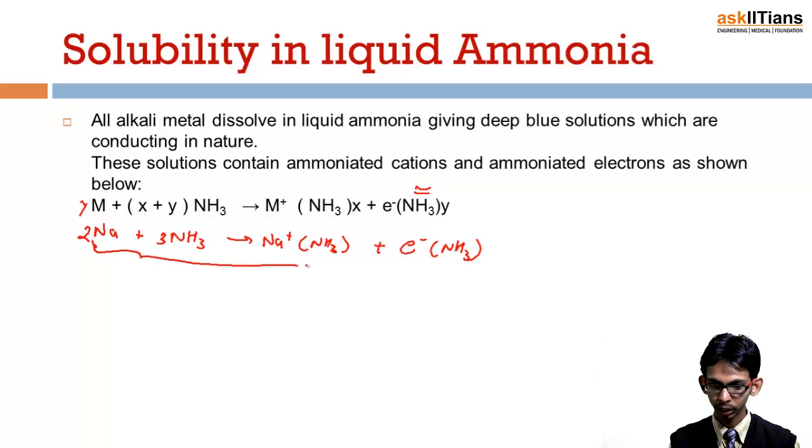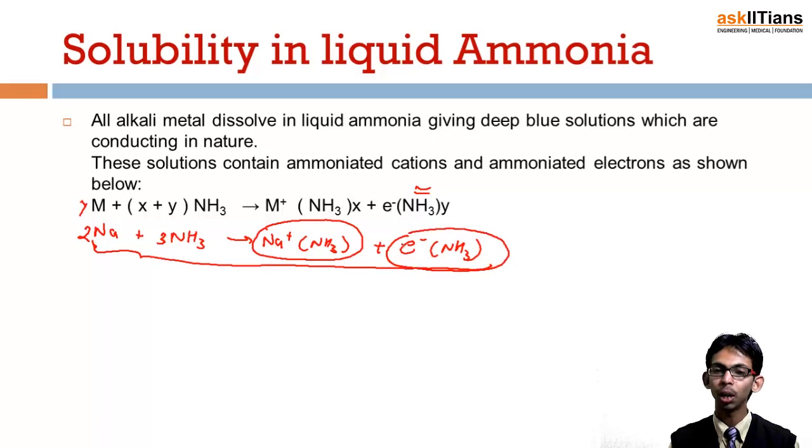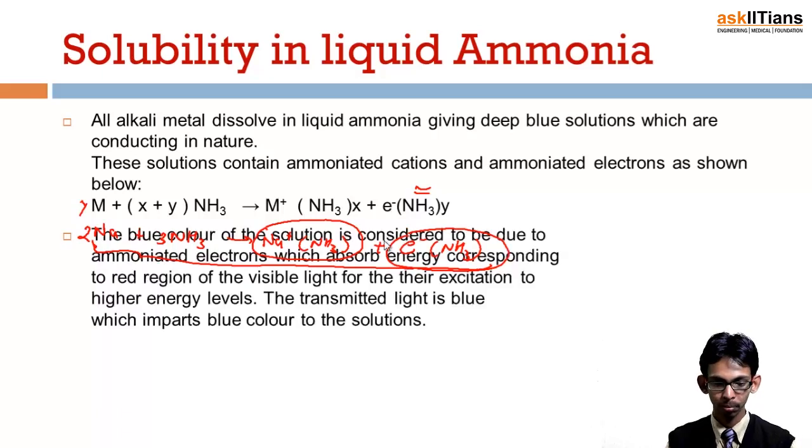So this is the general expression. What we can see here is that there are ammoniated metal ions and also ammoniated electrons, and these two are the main reasons why this solution is blue in color and why it conducts electricity.